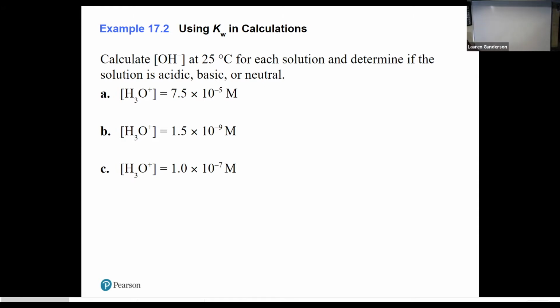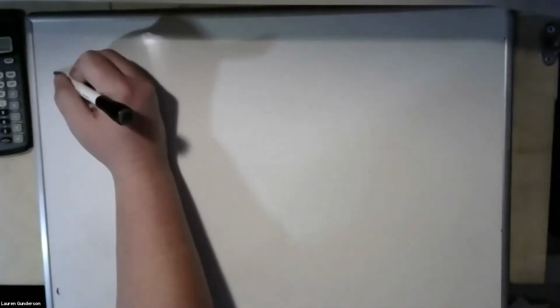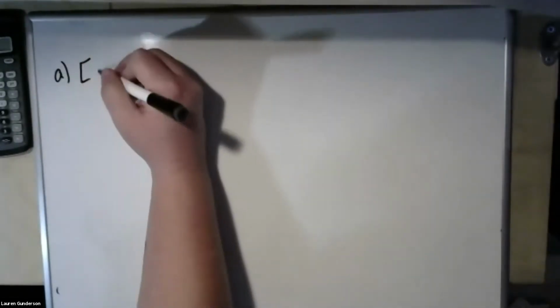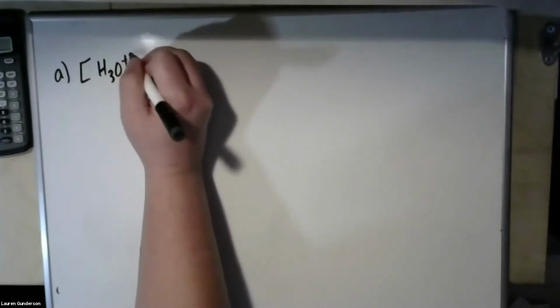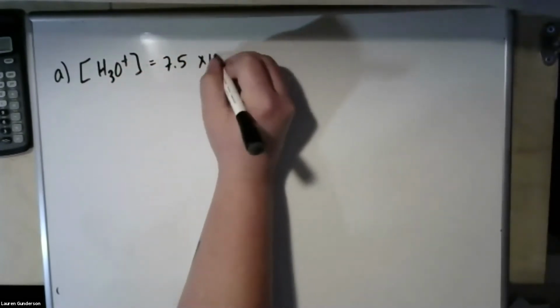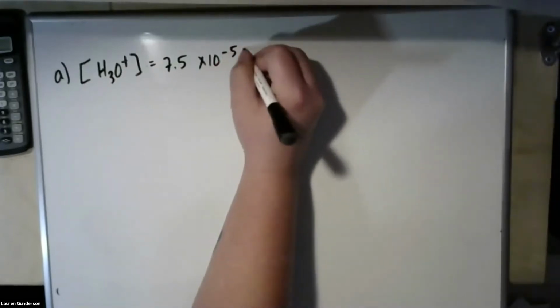Sounds easy enough, right? I know you're all excited. For part A, we're starting with a concentration of H3O plus of 7.5 times 10 to the negative 5 molar.